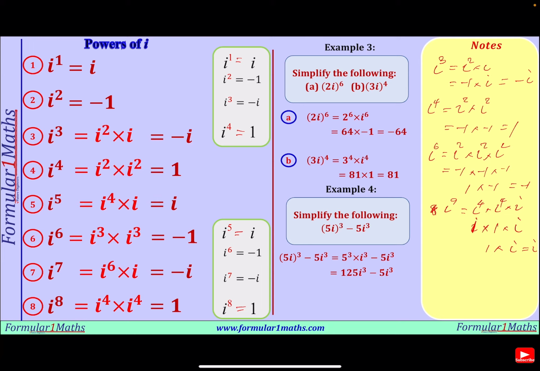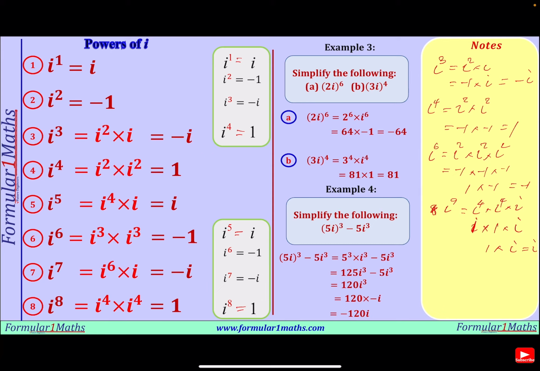That will give you 120i cubed, and then i cubed we know is minus i, so we get that, and finally we get minus 120i. So this is how you simplify using powers of i.